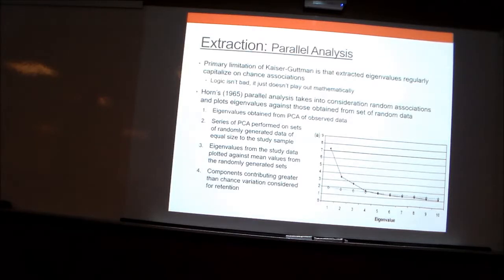So within parallel analyses, we eyeball our actual data against the randomly generated set, and identify the max number of components to extract, not extracting more than what we would get from a random set.